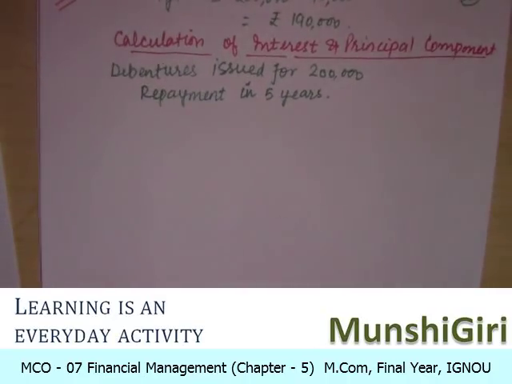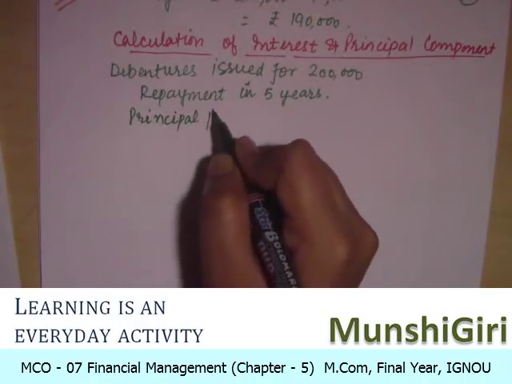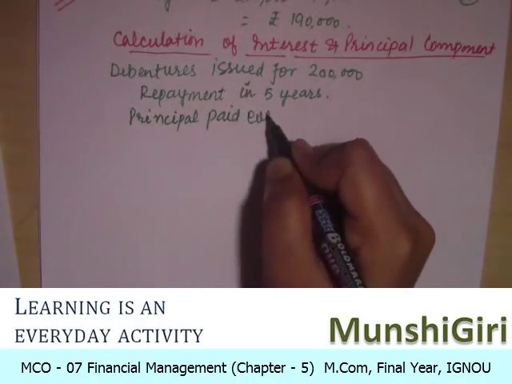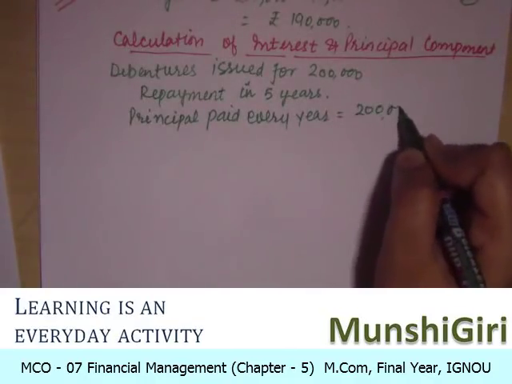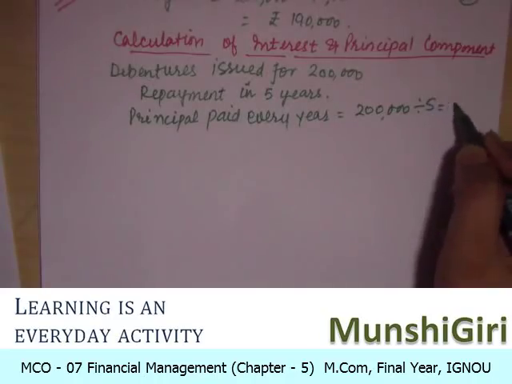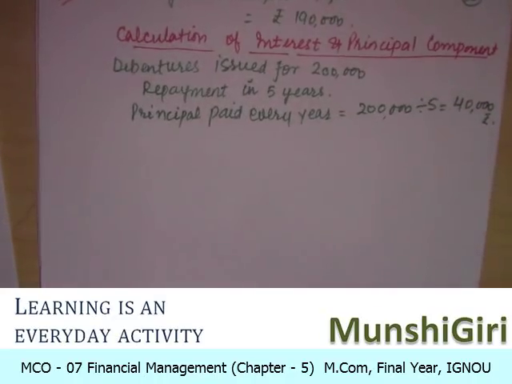So the principal amount paid every year is 2 lakh divided by 5, which is 40,000 rupees principal paid every year.